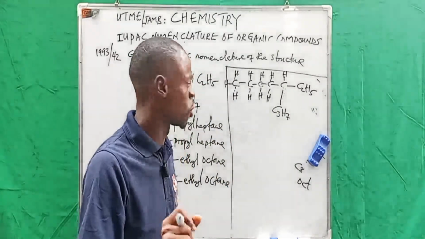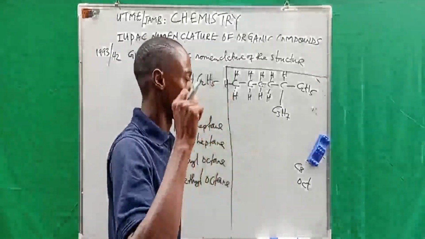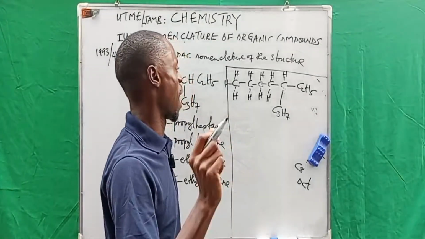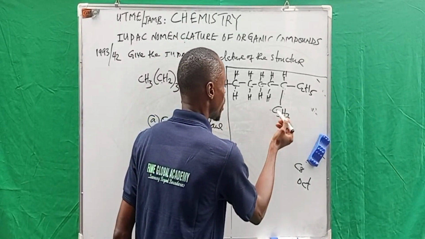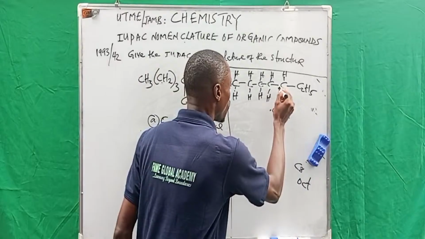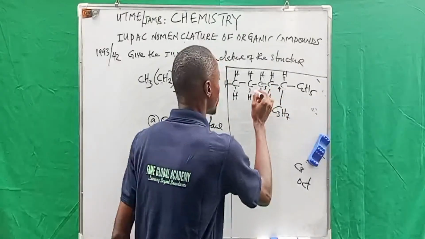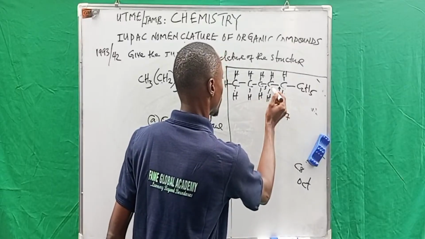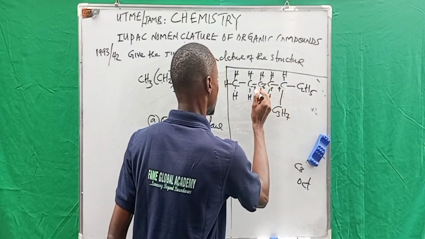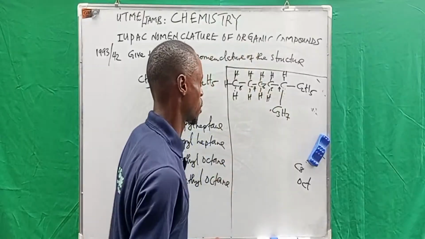particular branch is closer to the first carbon, second carbon, as the case may be. Now, if we come from here, 1, 2, 3, 4, 5, 6, 7, 8. Are you with me?